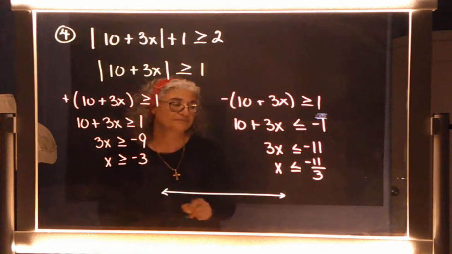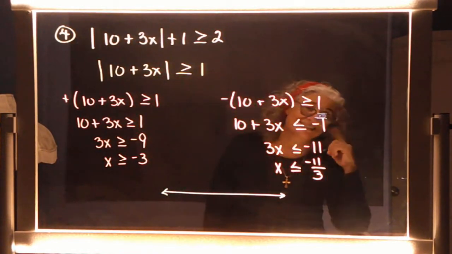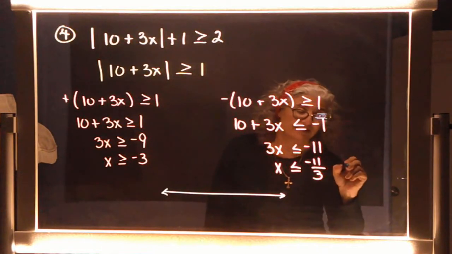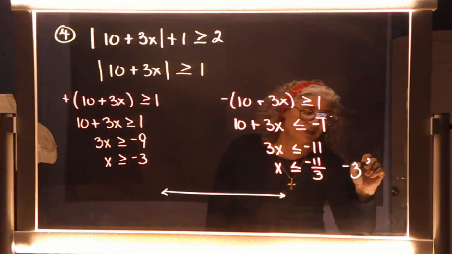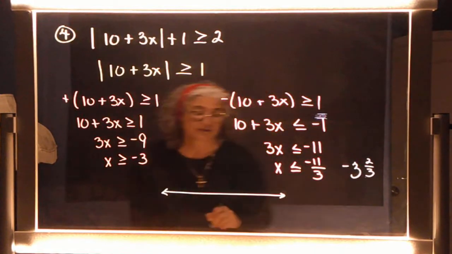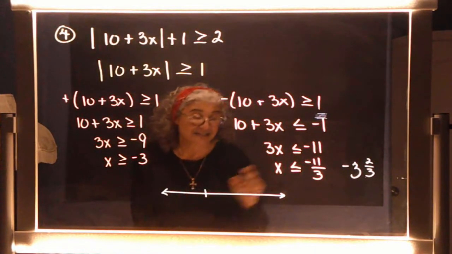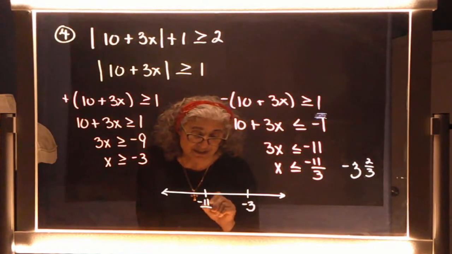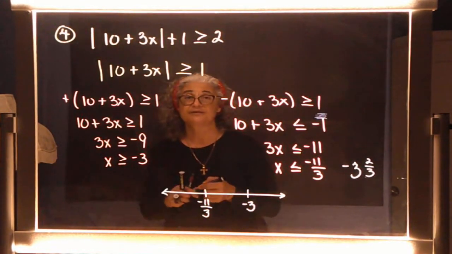Okay. 11 thirds. I need to see that as a mixed number so I know where to put it on the number line. Yeah, that's negative 3 and 2/3, isn't it? Okay, so that's smaller than negative 3. So here's the negative 3 and here's negative 11 thirds. Agreed?